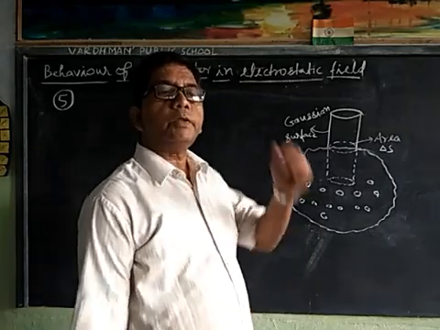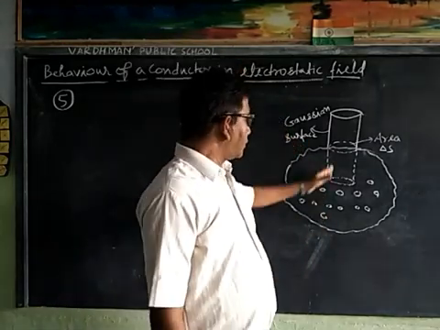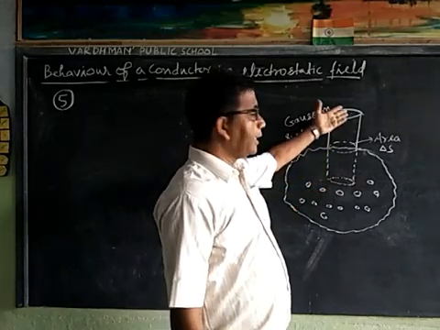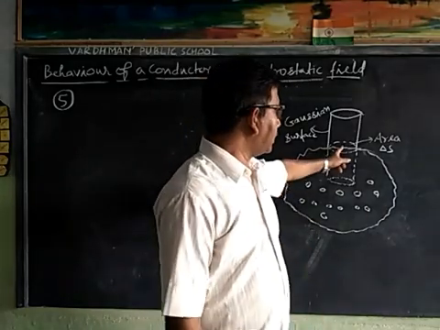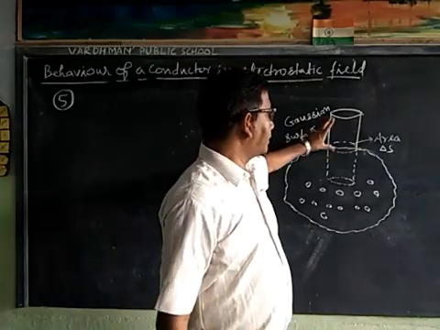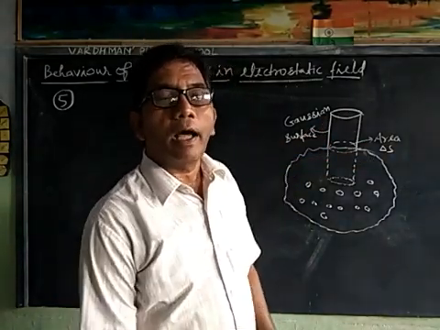The pillbox partially lies inside the conductor and partially lies outside the conductor. It has a cross sectional area delta S and negligible height.